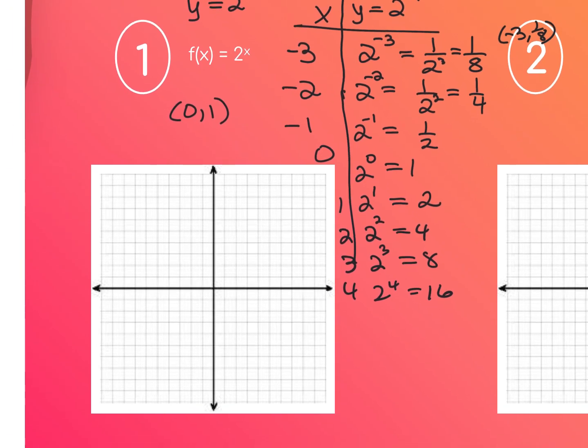So let me go ahead and graph these ordered pairs now. So again, let me put some of the whole numbers here, it'll be easier to see.